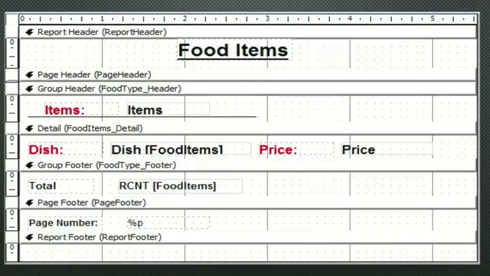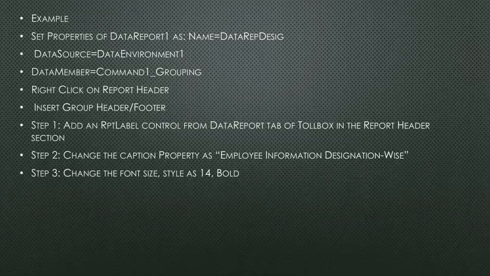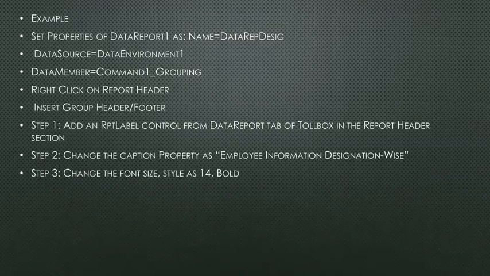This is an example of a data report. For example, if we set the properties of data report 1 as name equal to data rep design, data source equal to data environment 1, data member equal to command 1 grouping, and then right click on report header, insert the group headers and footers.